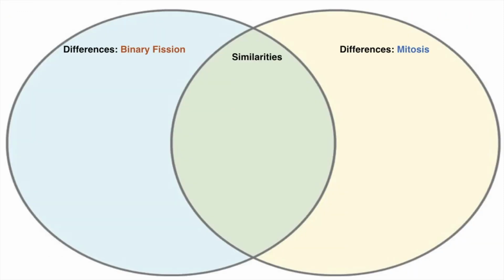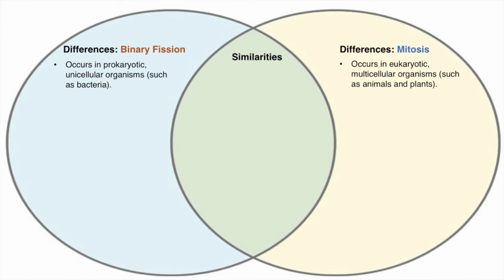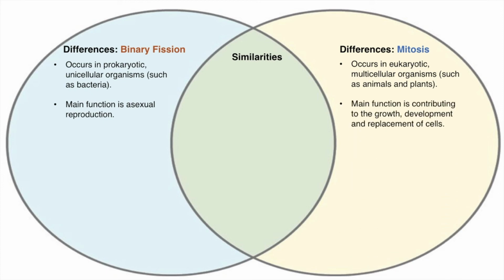Okay, so to summarize the differences between binary fission and mitosis, binary fission occurs in prokaryotic unicellular organisms such as bacteria, whereas mitosis occurs in eukaryotic multicellular organisms such as animals and plants. Binary fission's main function is asexual reproduction, whereas mitosis' main function is contributing to the growth, development, and replacement of cells.